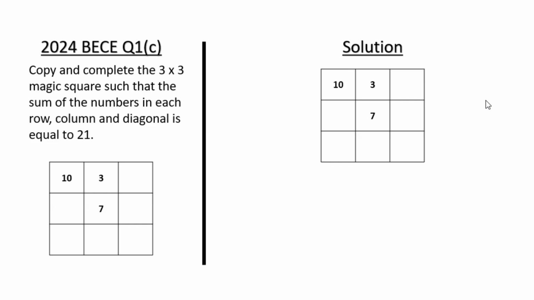I'm talking about the 10 that has been given and the 3 that has been given. This is a trick most people do not know, and I know most students also find it very difficult to get. Now, if the number in the middle, or the median, which is at the center, is odd, then the corners should be even. So it should be surrounded by even numbers in the corners.